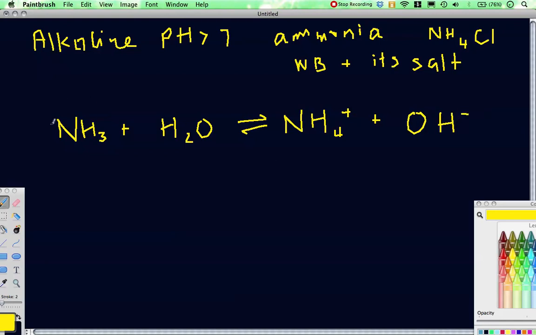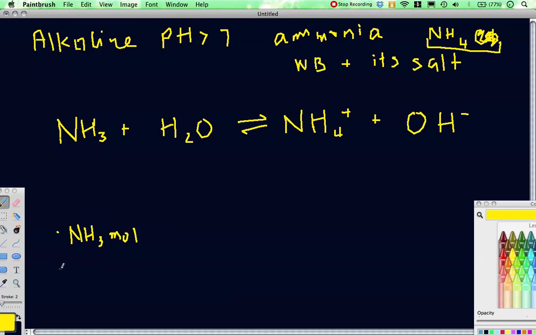The ammonia here comes from our ammonia, and our ammonium ions come from the salt we're using. Just as the sodium in the sodium acetate didn't play a role in the acidic buffer, the chloride here has no role in this buffer either. It's the ammonium ions that we're interested in. In this buffer system, because it's a weak base, we've got lots of NH3 whole molecules, since they don't ionise very well.